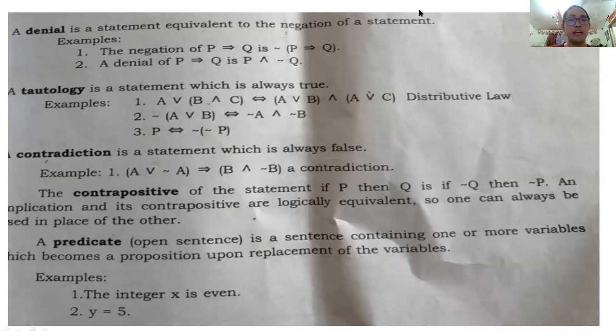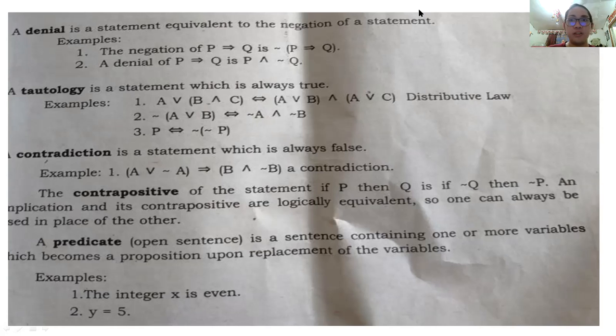Negation is something like a denial or negative. So please do not forget this one. When we say negation, according to the example I gave you, it is the word not in English, like not beautiful. That is a negation, so that is considered a denial statement. Again, a denial is a statement equivalent to the negation of a statement.